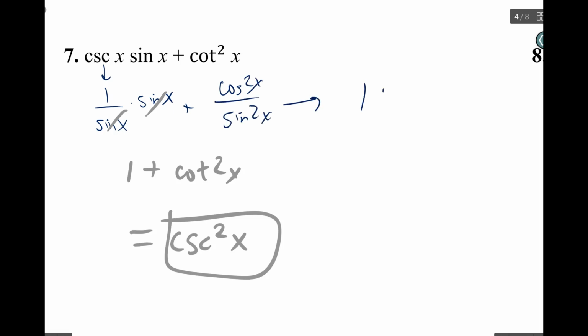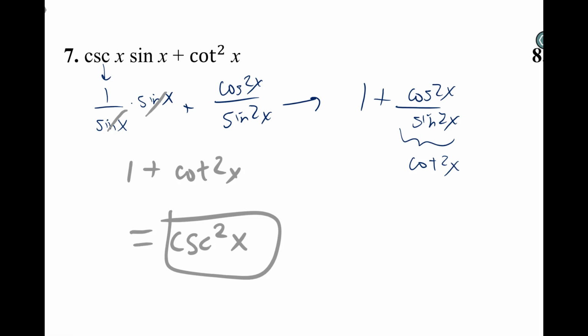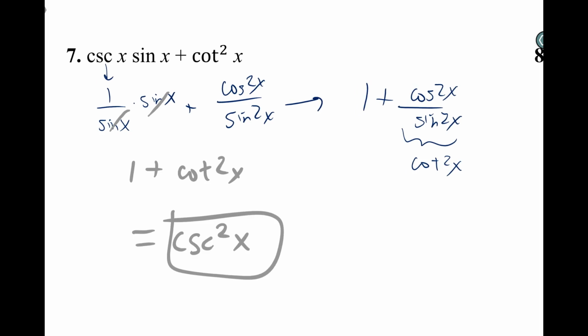Then I would have had 1 plus cosine squared x over sine squared x. I would have been like, oh, this is actually the same thing as cotangent squared x. And then I could do the Pythagorean identity, rewrite 1 plus cotangent squared x as cosecant squared x, and I'd be done. So it's tricky.